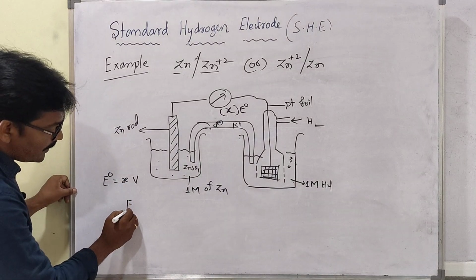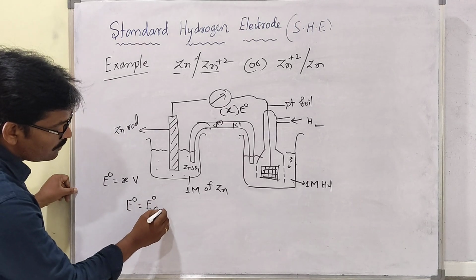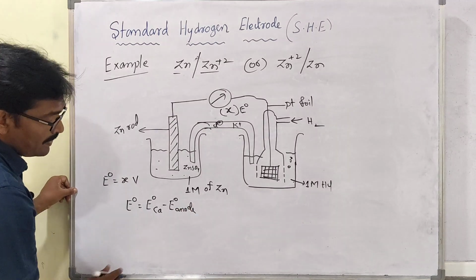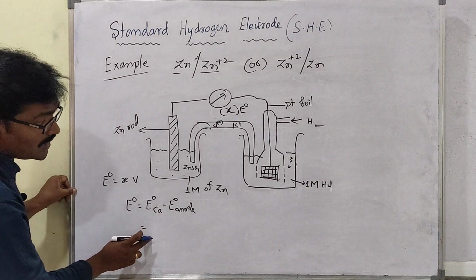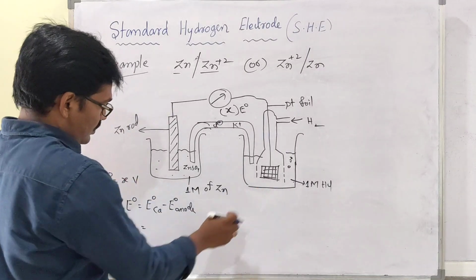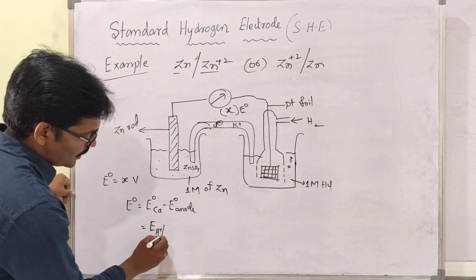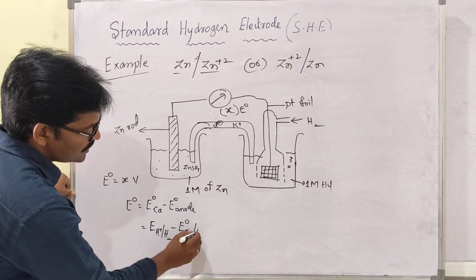Then E naught cell find out cheyadaniki we can take E naught of cathode minus E naught of anode, right? Which is working as cathode? Hydrogen is working as cathode, right? So E naught of cathode H plus to H2, minus E naught of anode Zn to Zn plus 2.